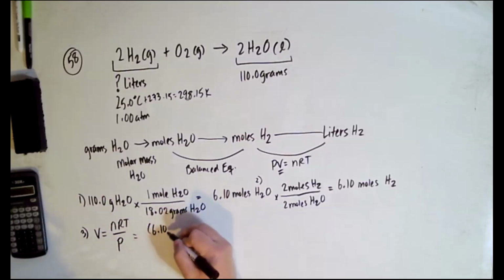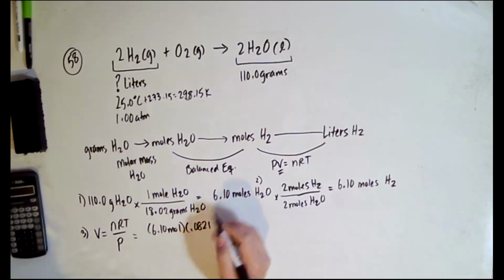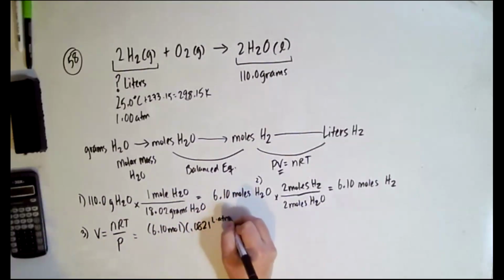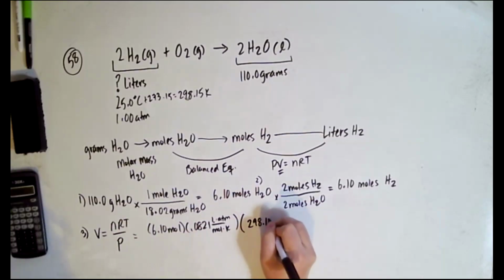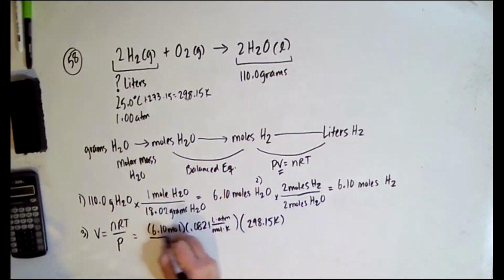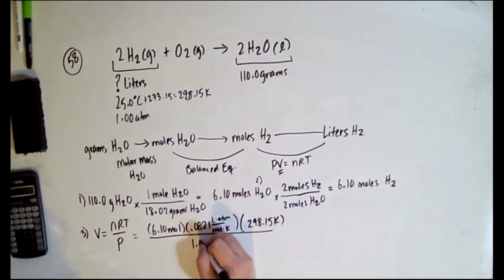So we're going to have 6.10 moles times our R constant times our temperature divided by our pressure.